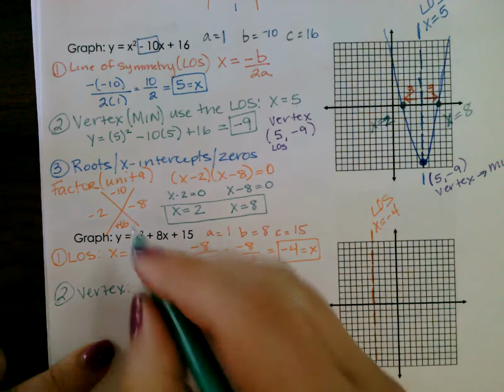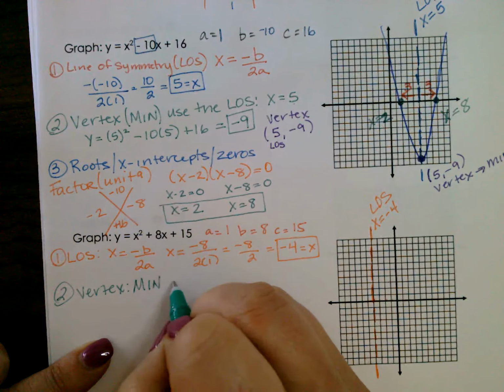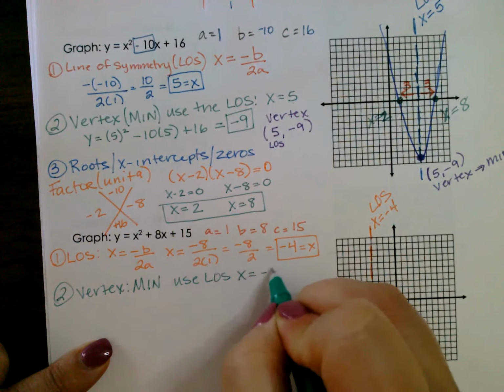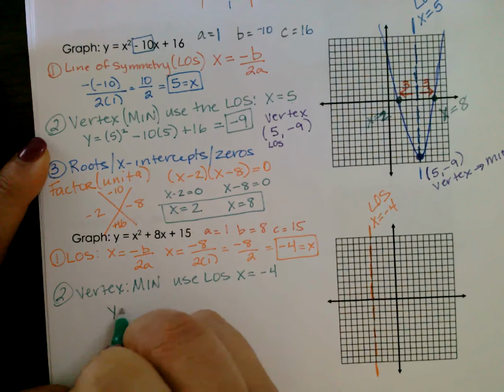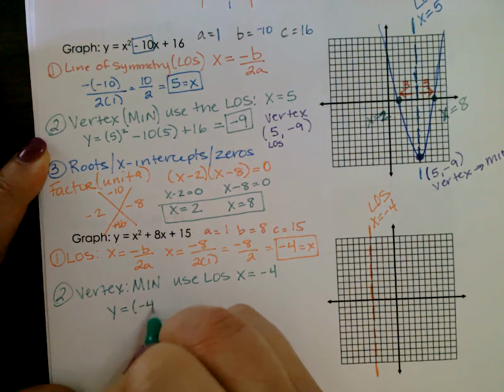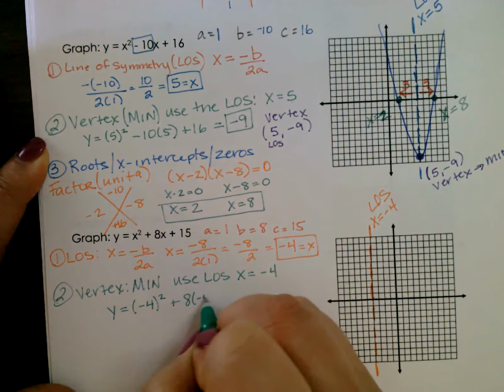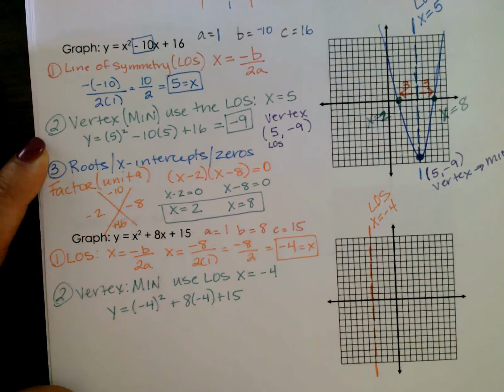It will have a minimum. Now we will use the LOS of x equals negative 4. Put that into your equation. Y equals negative 4 squared plus 8 times negative 4 plus 15.